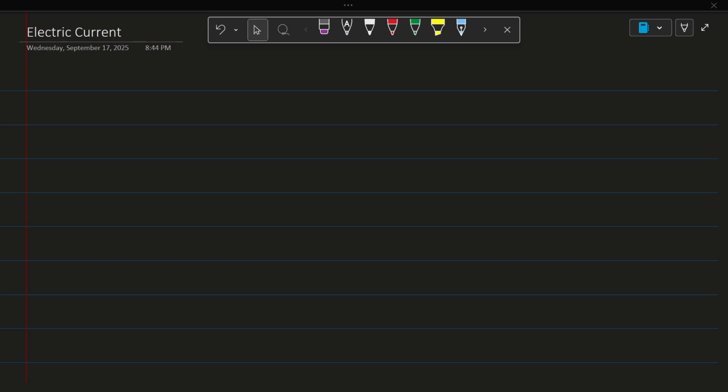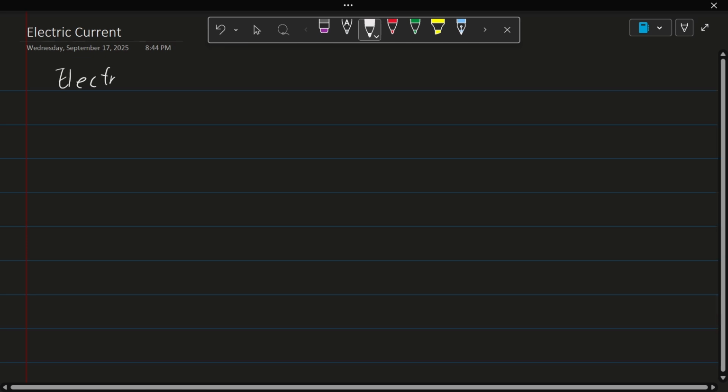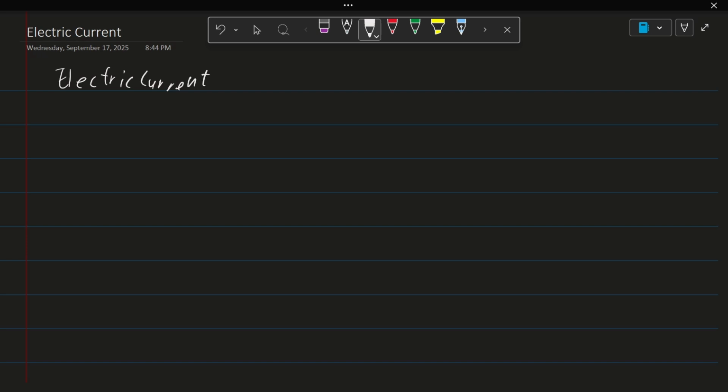So let's start by discussing the electric current itself. The electric current is defined as the change of charge over the change of time. This might be a little bit weird, because what exactly is changing in here?